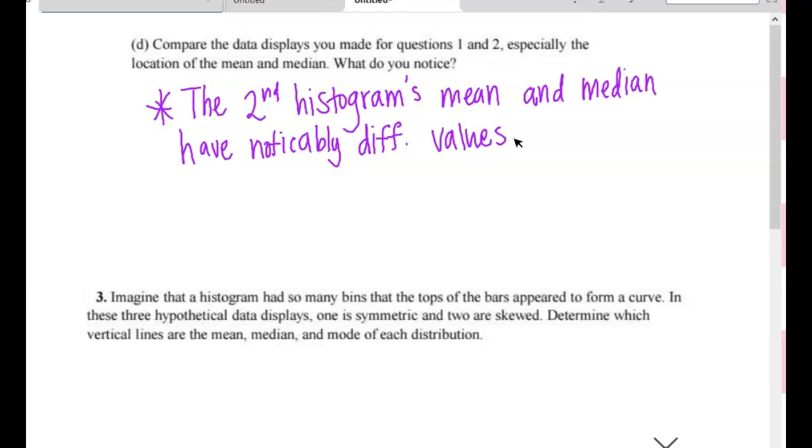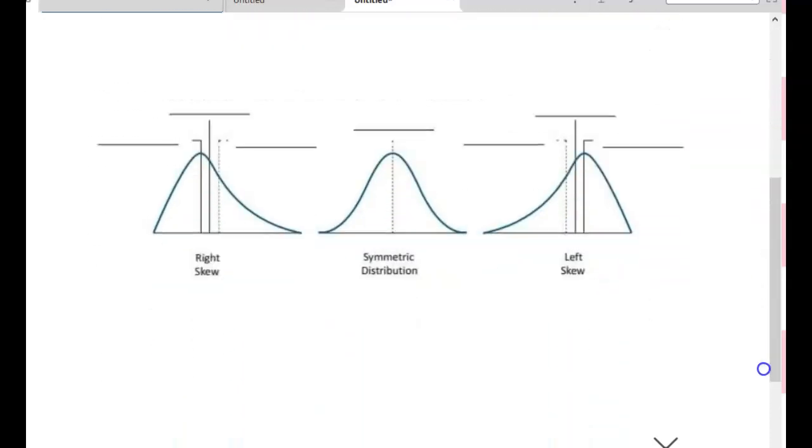Imagine that a histogram had so many bins that the top of the bars appeared to form a curve. In these three hypothetical data displays, one is symmetric and two are skewed. So we're looking at these three, okay? Determine which vertical lines are the mean, median, and mode of each distribution.